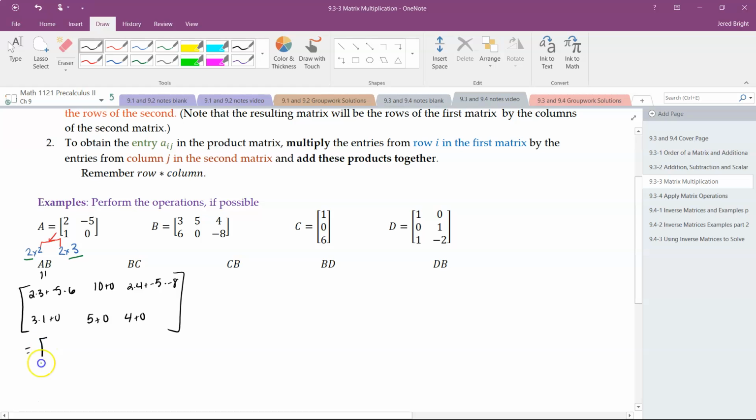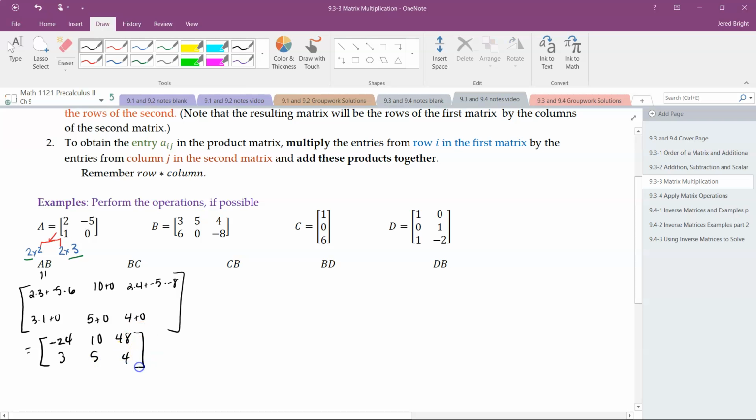Now simplifying, we would get 6 plus -30 is -24, and then we get 10, and then 8 plus 40 is 48, and then we get 3, 5, and 4.